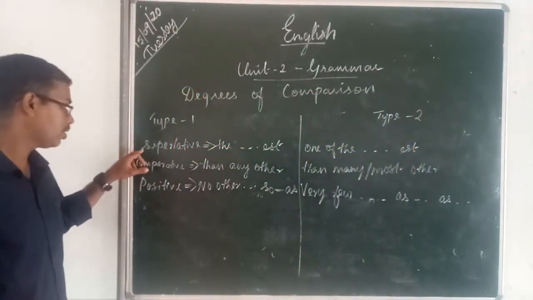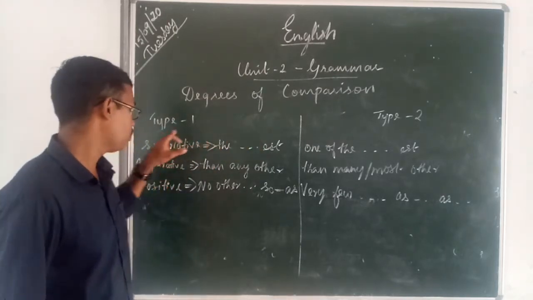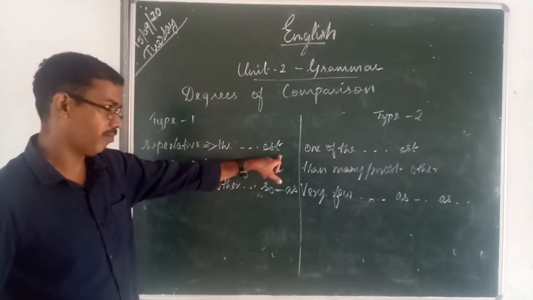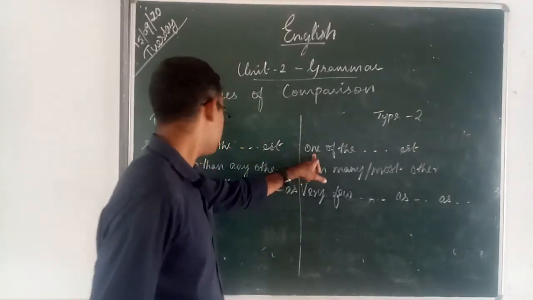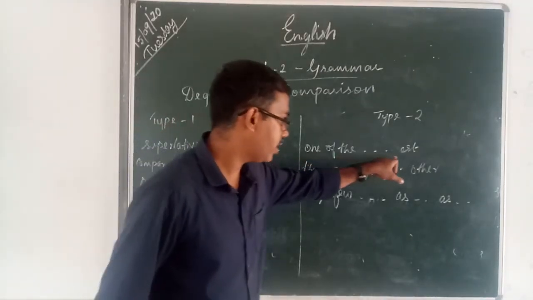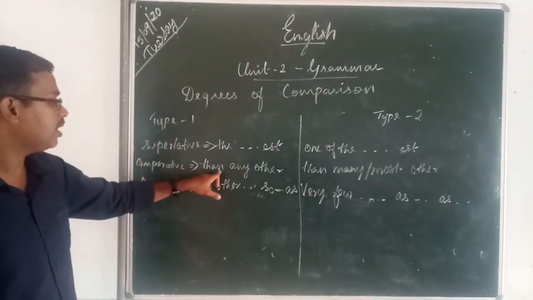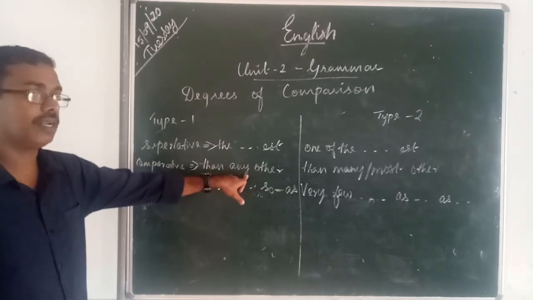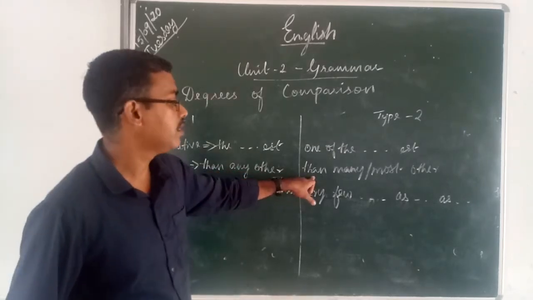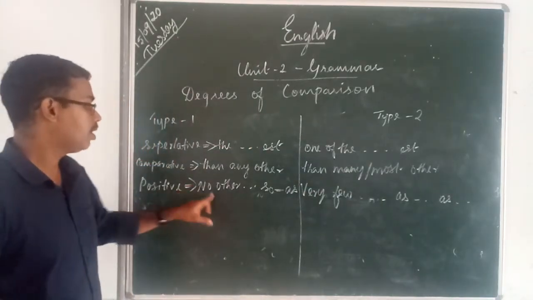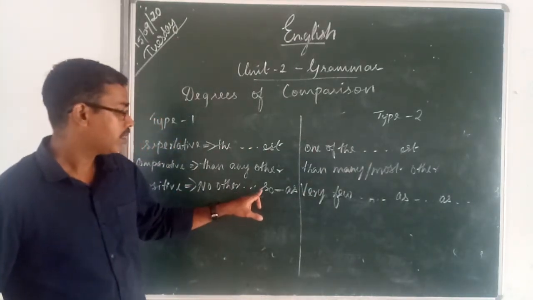Here in superlative, the est form will come for type 1, and for type 2, one of the est. Then comparative: for type 2, many other or most other. Positive: for type 1, no other will come.